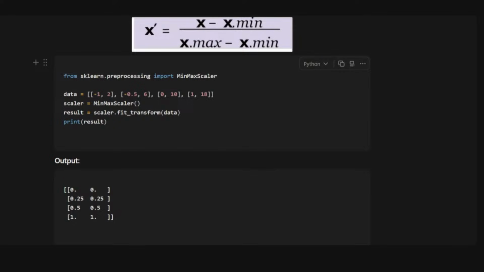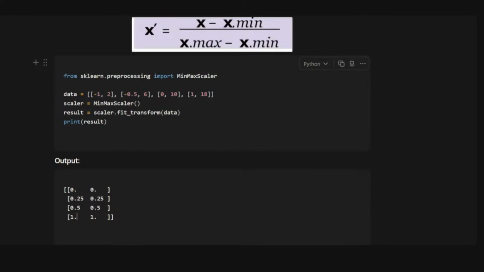After which you'll do the same thing for each of the values in that column and represent it as another column itself. And notice how your minimum value becomes 0 and your maximum value becomes 1. So this shows how min-max scalar is able to bring your particular data to the range of 0 to 1.